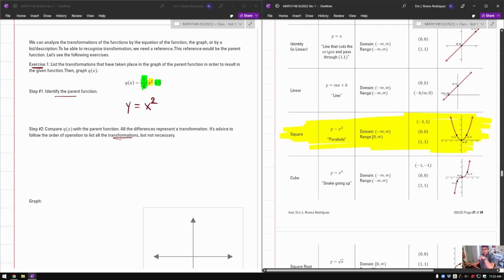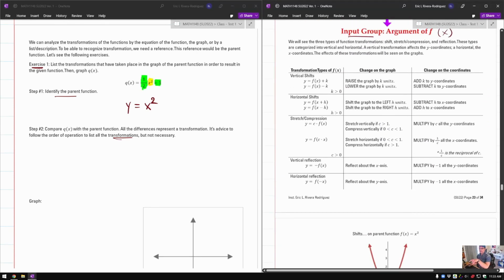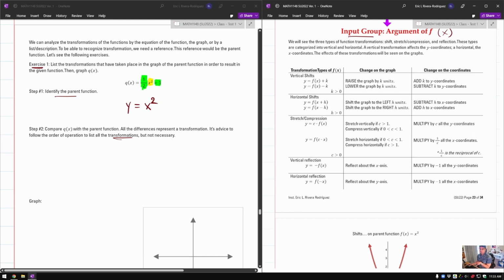The other thing that I want you to do is with the transformations. We have this table here on the right side. You are going to follow this table to describe any difference between the function that is given in the exercise and the parent function, okay?